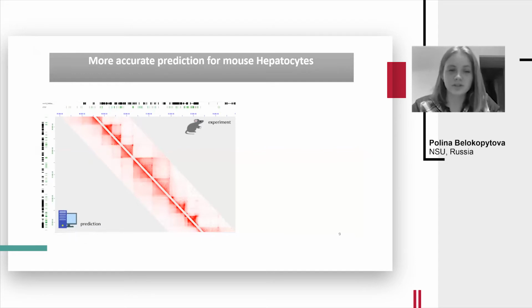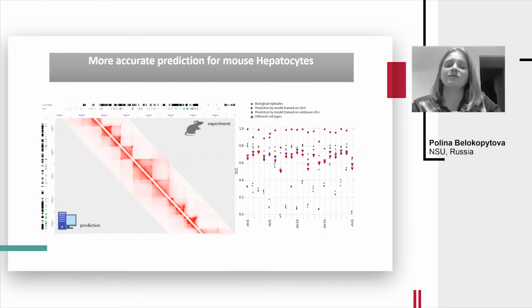But this picture is a quite rough assessment of algorithm efficiency. So further, we used more strict metrics, and the main metric was the stratum adjusted correlation coefficient, which was proposed by Yang and co-authors in 2017 for comparison of distinct Hi-C maps. Firstly, we compared differences between Hi-C maps of replicates.